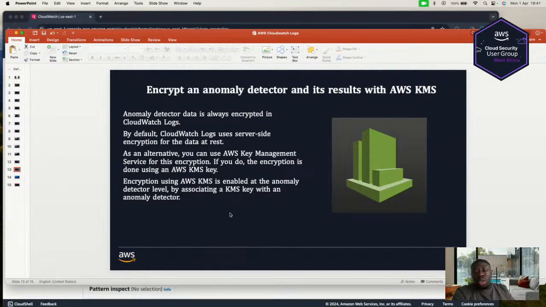You want to make use of the AWS Key Management Service for your encryption, and it's possible to configure that.